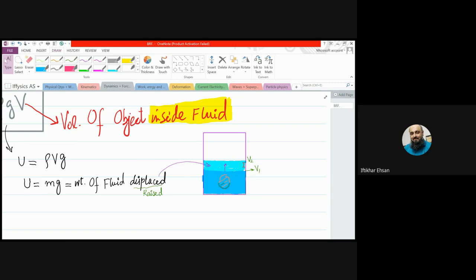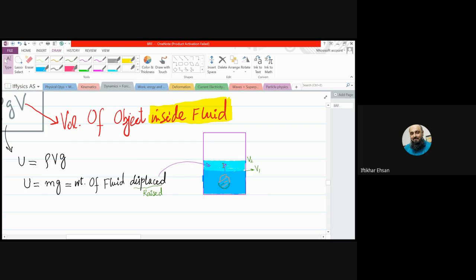But sometime in your life or in movies, if the part of the ship which is inside the fluid is shown, that is even a very large part, because the larger the volume of the part inside, the more water it will displace, and the weight of that amount of water displaced by the ship will be the upthrust acting on it.